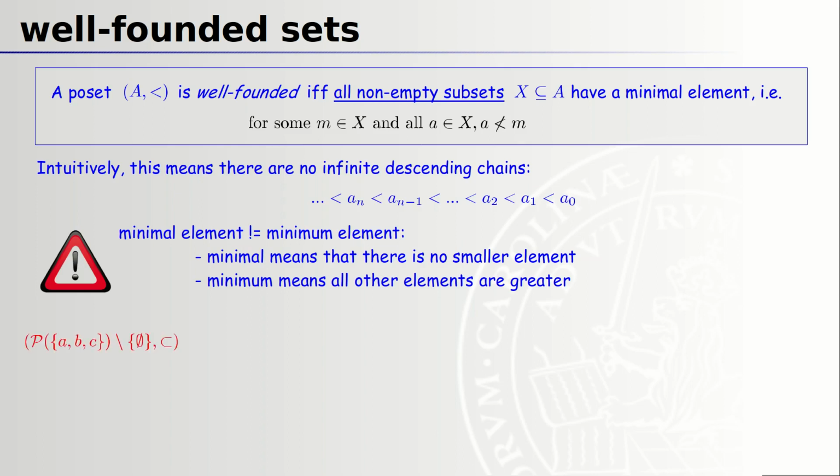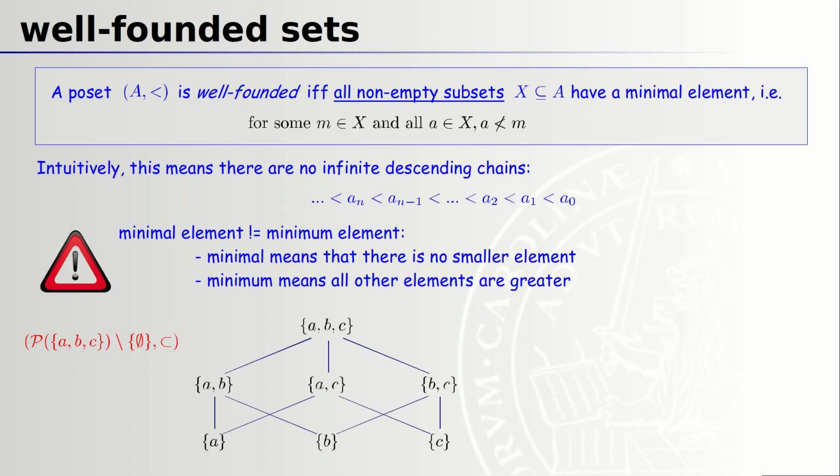Take, for example, the power set of the set ABC without the empty set, ordered by strict set inclusion. This is the Hasse diagram of the set. Note that it does not have a minimum element, but three minimal ones, the three singleton sets at the bottom of the diagram.